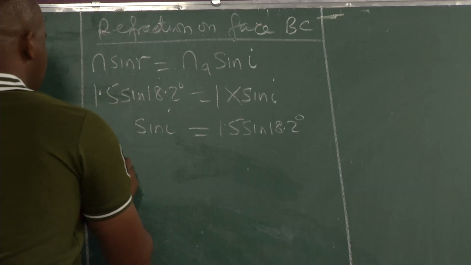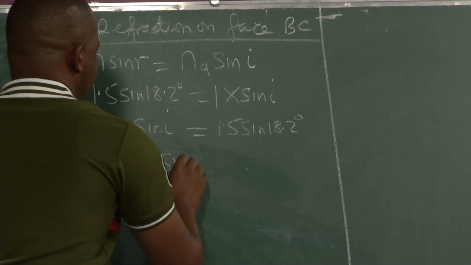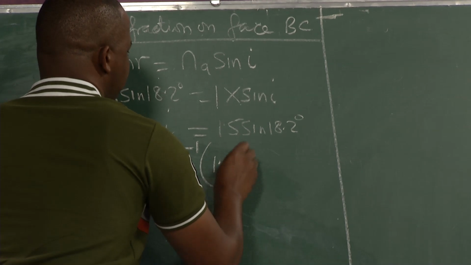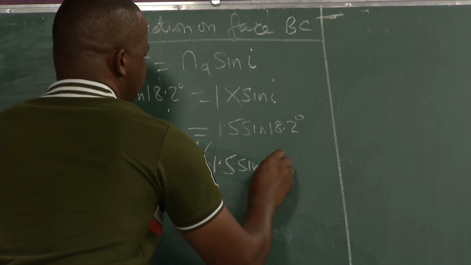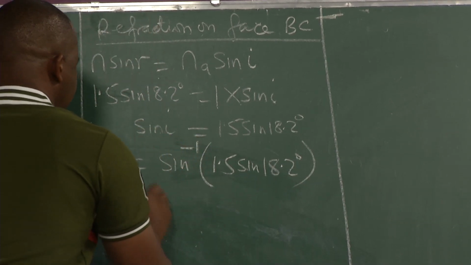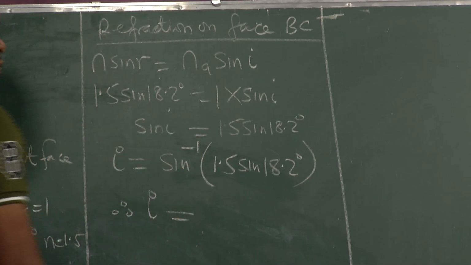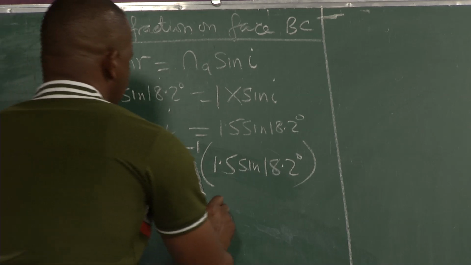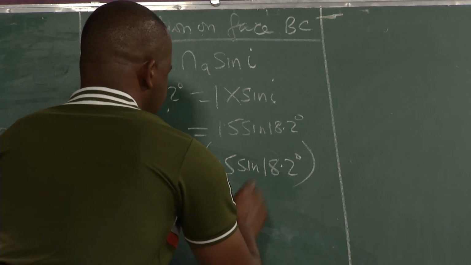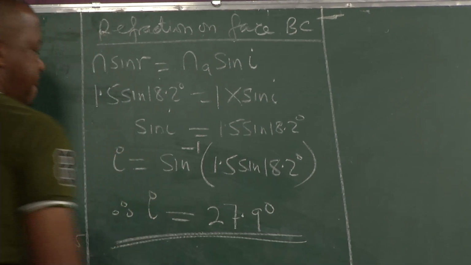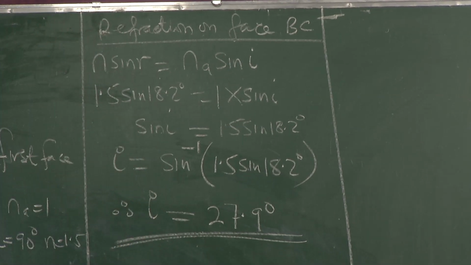If you use your calculator, the value of I that we are looking for is the arcsine of this computed value, and that I, when you compute, will be obtained as approximately 27.9 degrees.